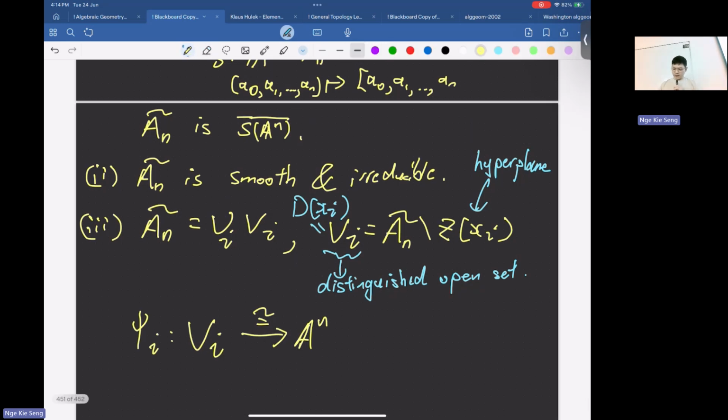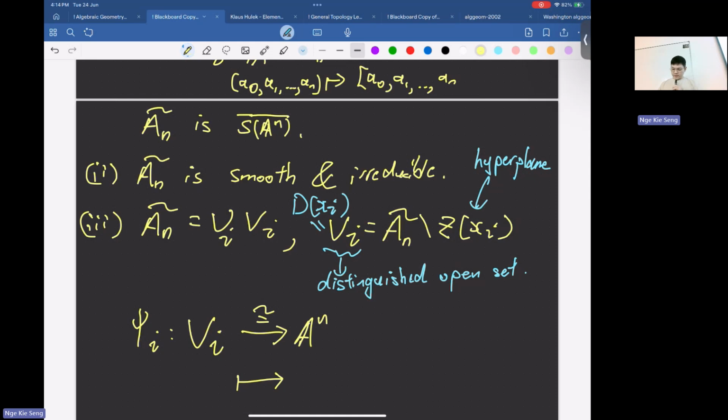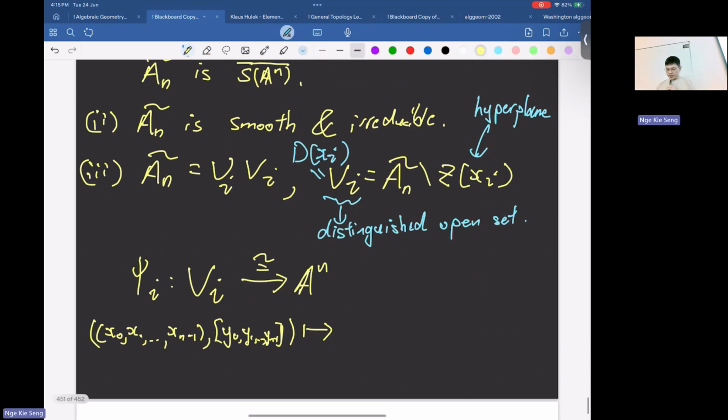Okay, what does this psi_i do here? So basically, you take a coordinate. Let's say your coordinate looks like x_0, x_1, x_2, up to x_{n-1}. And your line looks like y_0, y_1, up to y_{n-1}. So what are you actually remembering?